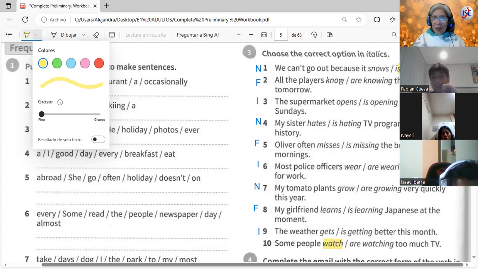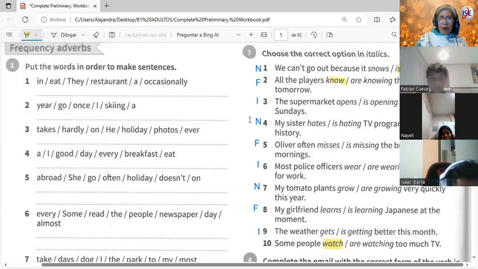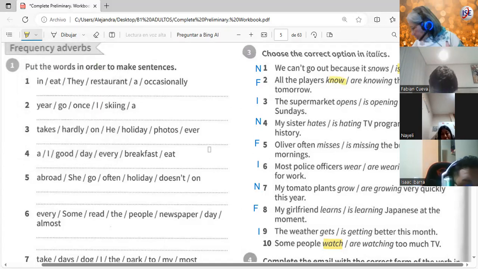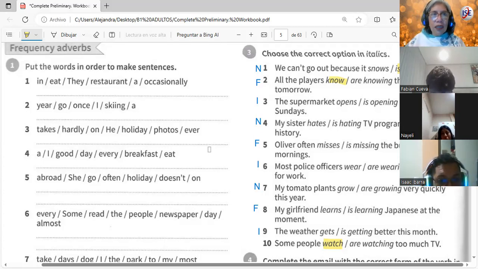All the players know that the match is tomorrow. Perfect. Isaac, read number three, please. The supermarket opens at 10 o'clock on Sundays. Good.